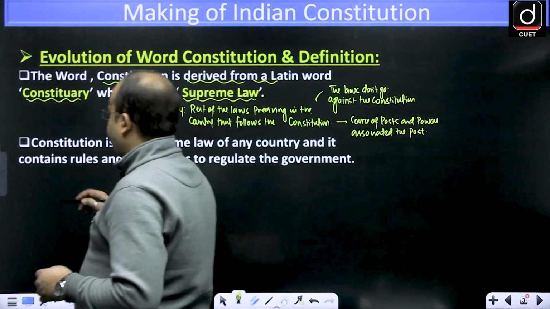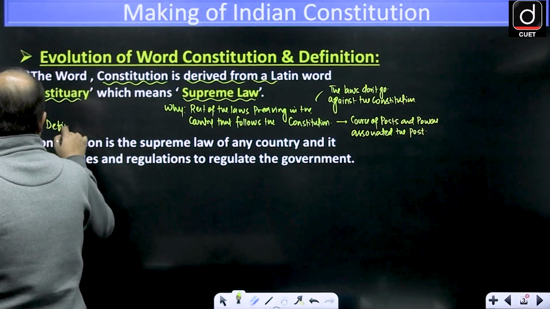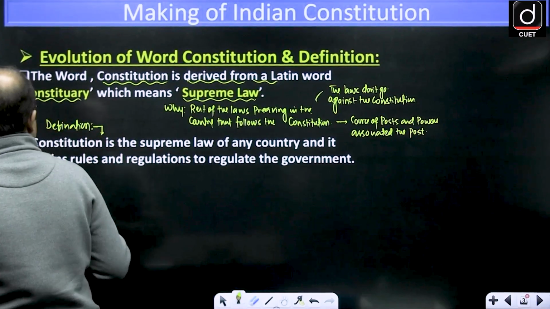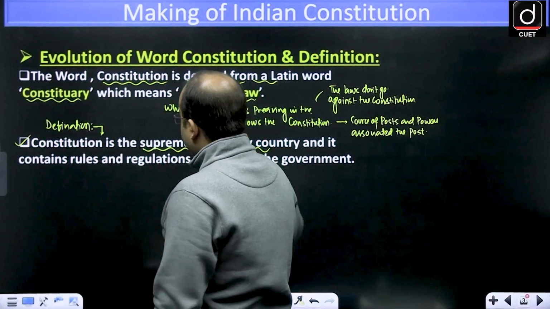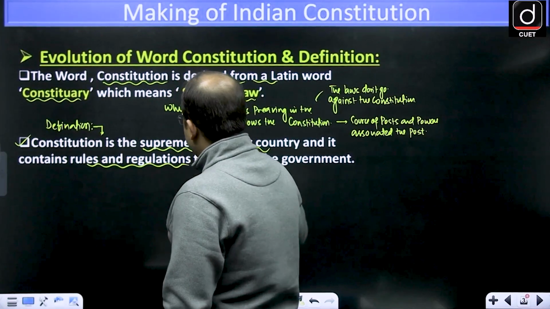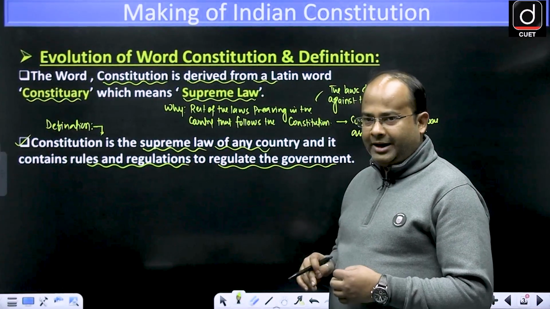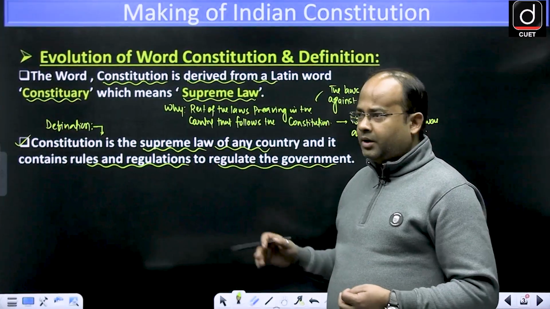Now what is the definition? So let's discuss the definition. Definition of constitution: the constitution is the supreme law of any country that contains rules and regulations to regulate the government. So it is the supreme law of any country, not only India.